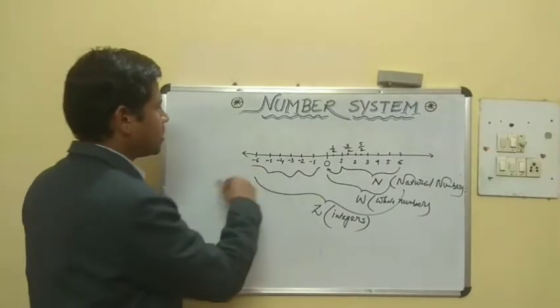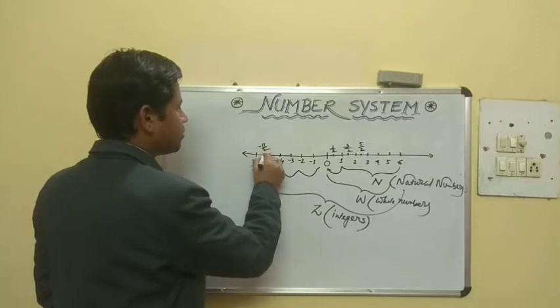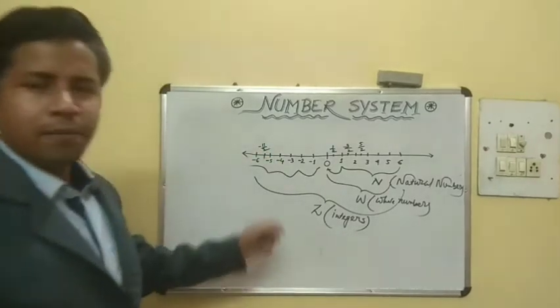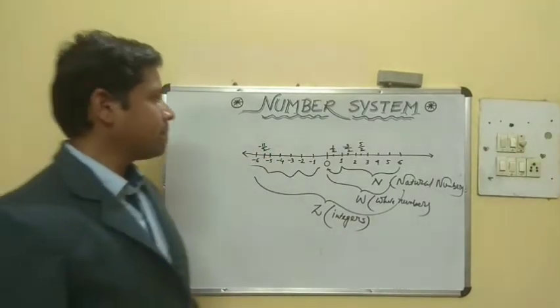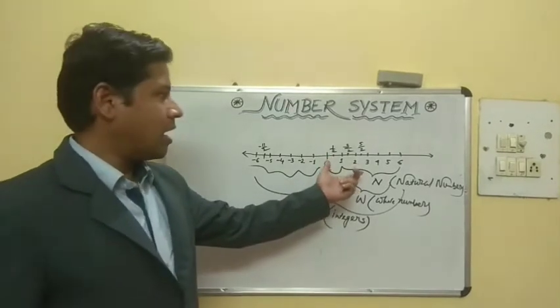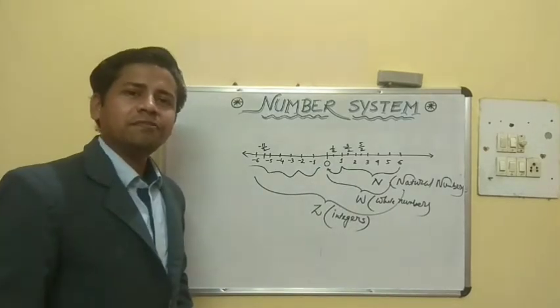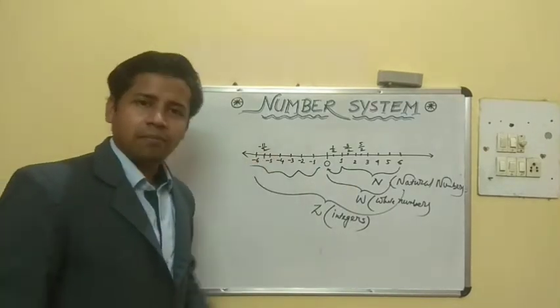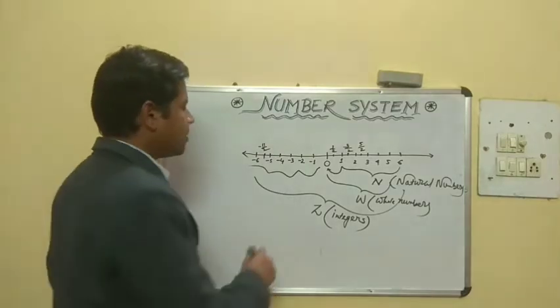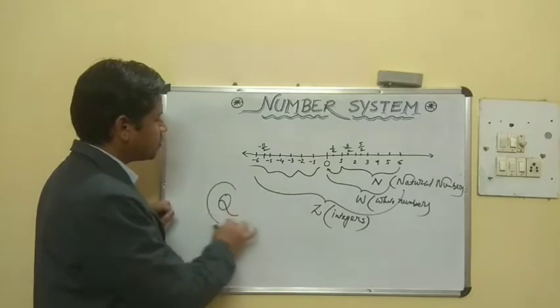If you want to come here also, minus 11 upon 2, this type of numbers also exist, and we know that these numbers are included in the set of rational numbers.